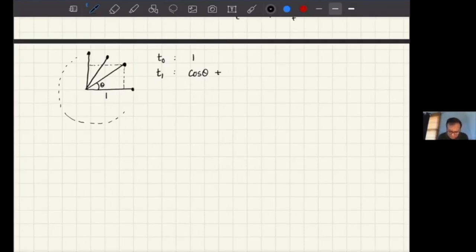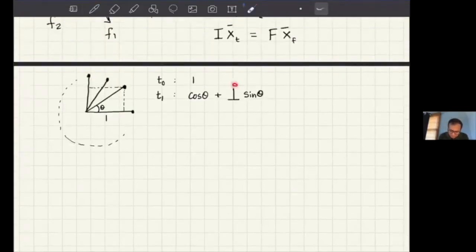So I can express the stick as cos theta plus some sine theta in the perpendicular direction. When I use this symbol, what I mean is the perpendicular direction to the direction of cos theta. Makes sense.